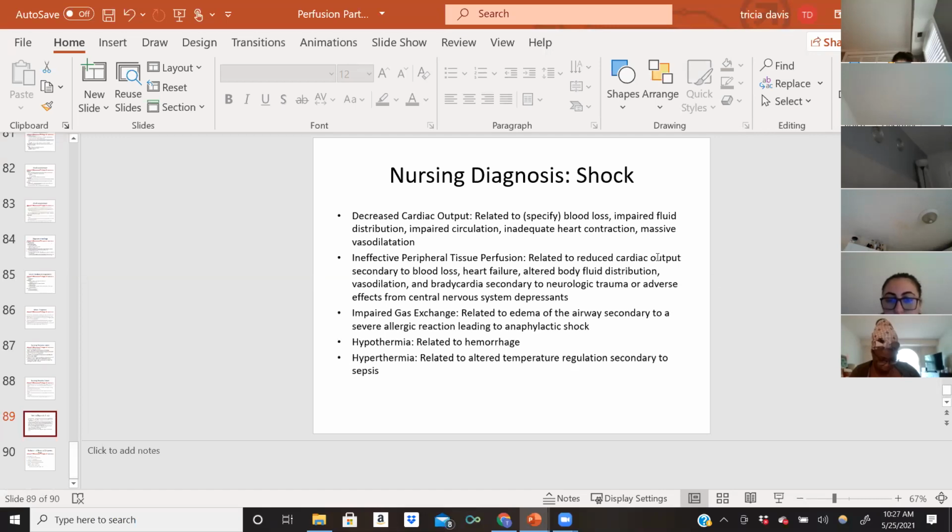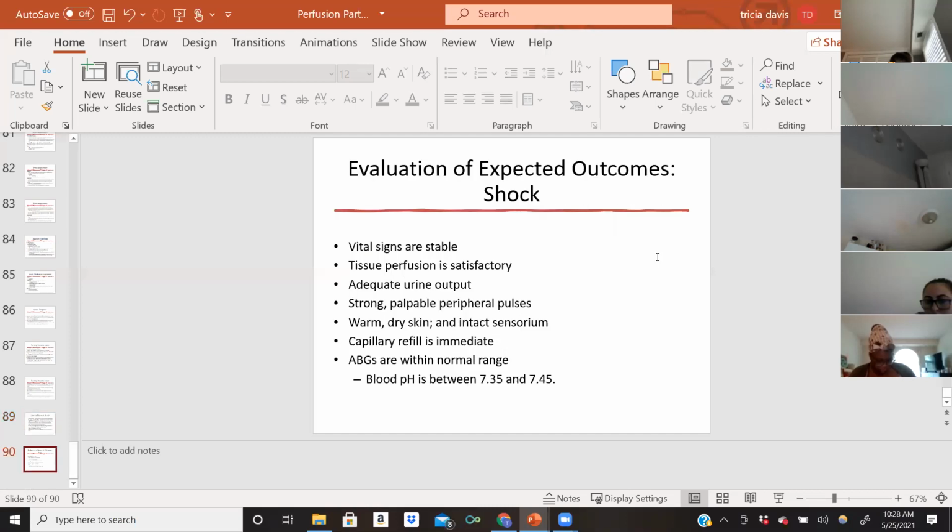And then we could also have bradycardia secondary to some type of neurologic trauma or adverse effects from central nervous system depressants. Impaired gas exchange related to the edema of the airway, secondary to severe allergic reaction, leading to anaphylactic shock. Hypothermia, which is going to be related to hemorrhage. Hyperthermia related to altered temperature, which would be secondary to sepsis.